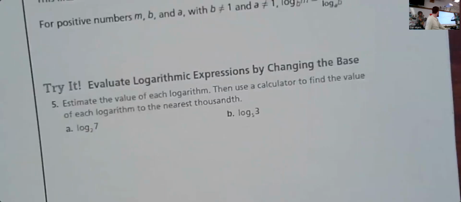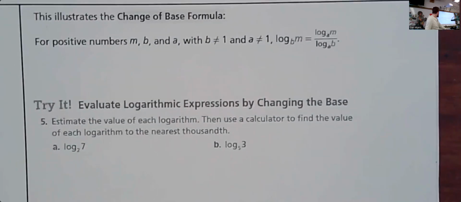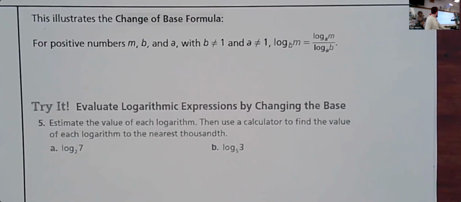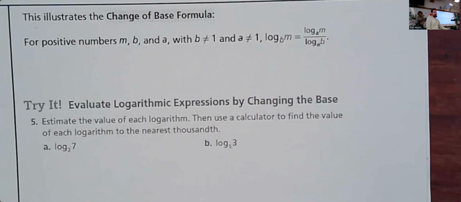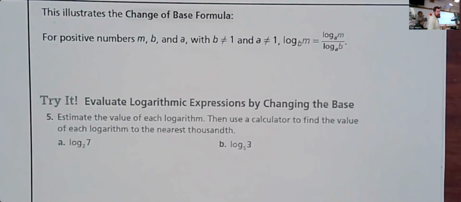So if you turn the page, the change of base formula says for positive numbers M, B, and A, with B not equal to 1, because the base 1 doesn't really do much. And A also does not equal 1, because that's another base value over here. Now we are using the change of base formula to change it to base 10.